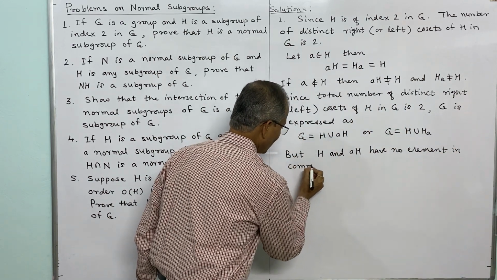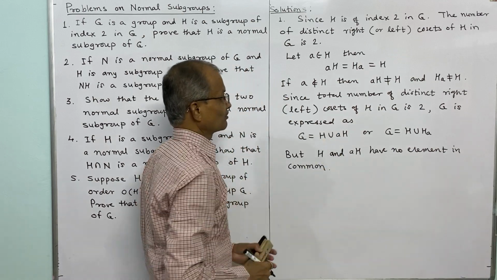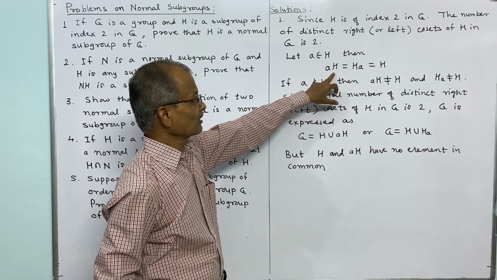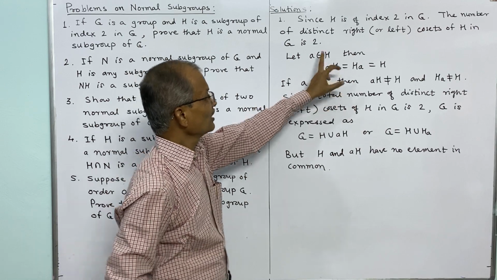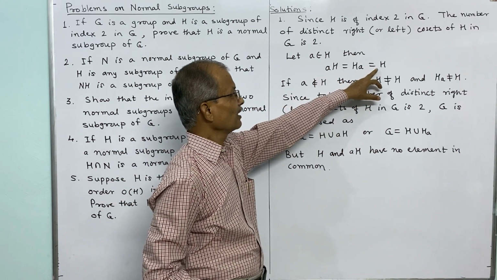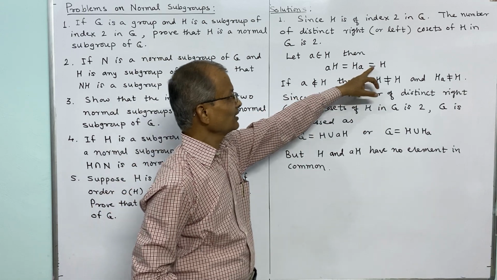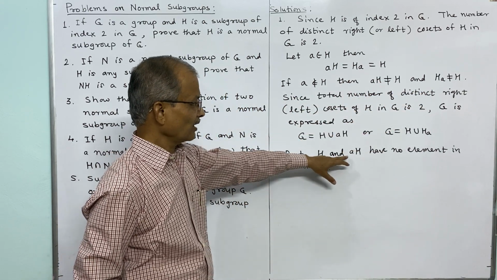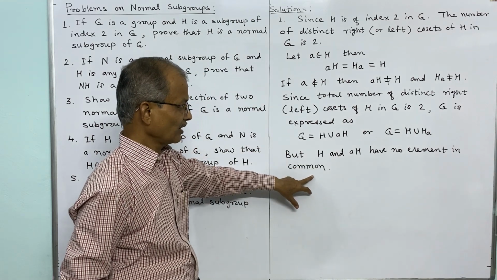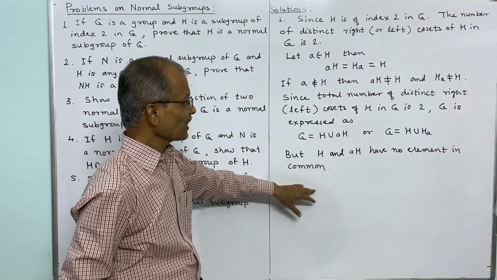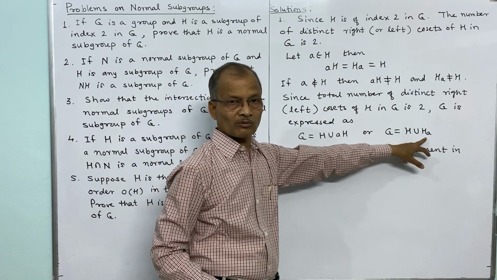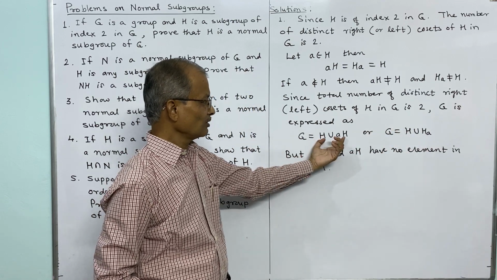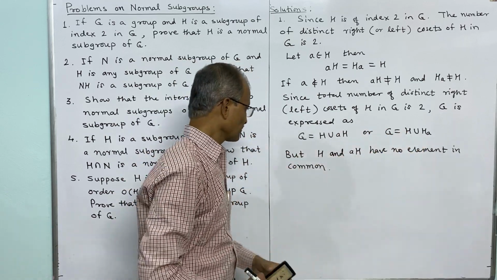Why? Because these are distinct right cosets. H and aH are distinct right cosets. We have seen here aH, if a is in H, then aH is equal to H. So this H and aH are different, and therefore H and aH have no element in common, and therefore we must have this aH is equal to Ha. Then only G can be decomposed as a union of these two cosets.